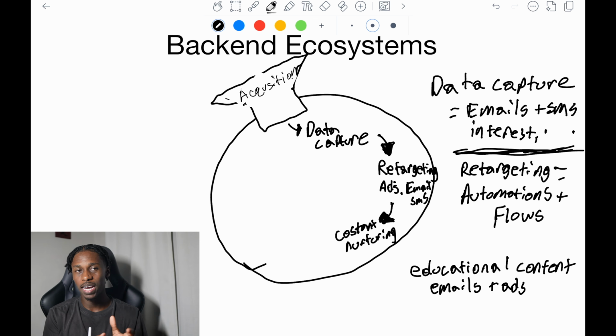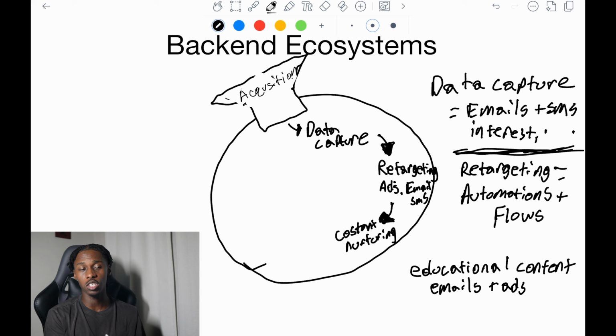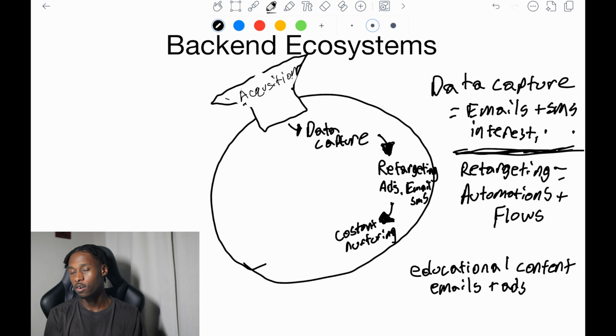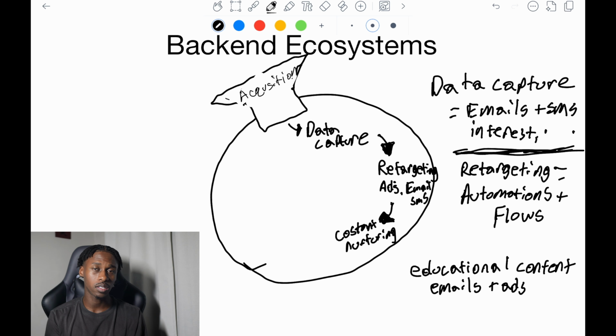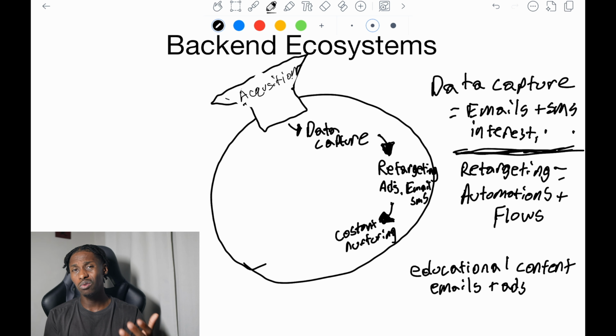Now, I am a guy that focuses on backend ecosystems, and backend ecosystems involve just flows, automations, emails, SMS, and everything in between that I just don't have the time to talk about right now with you. However, I will say that for your emails and your ads, your educational content should be training the person on your product and history and story of your brand, and or just training certain problems that they may be having.